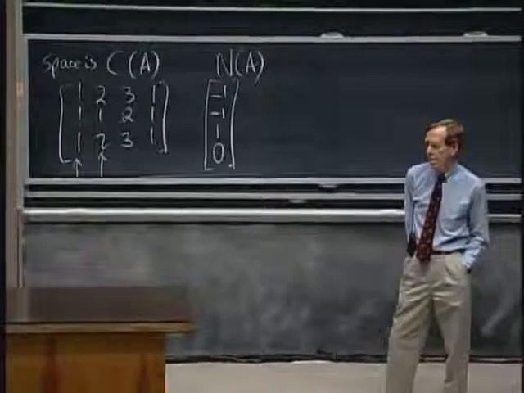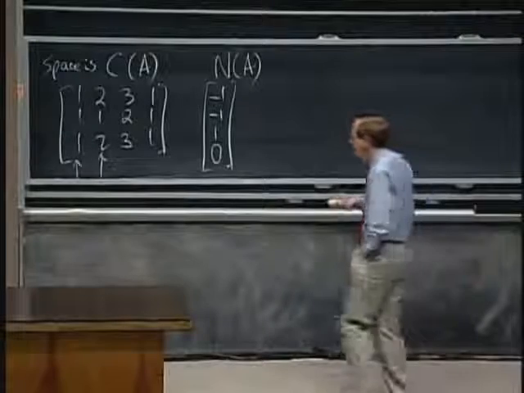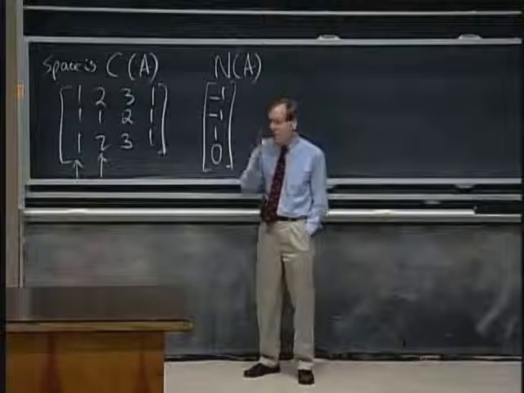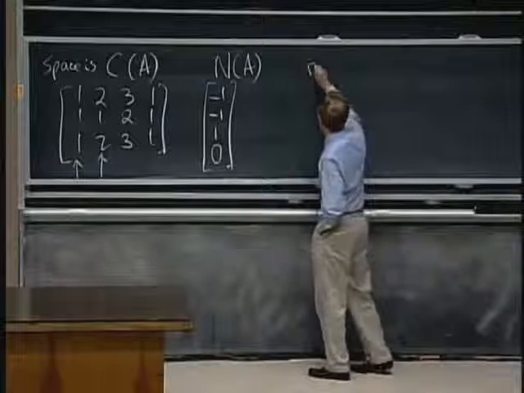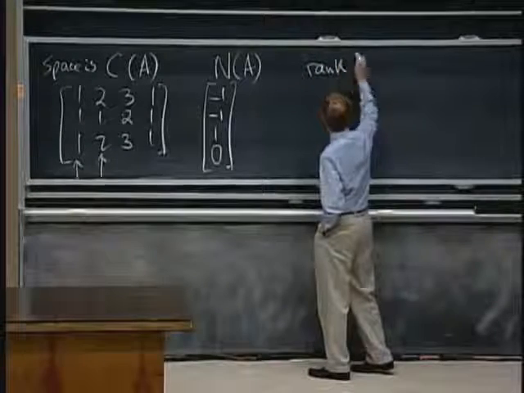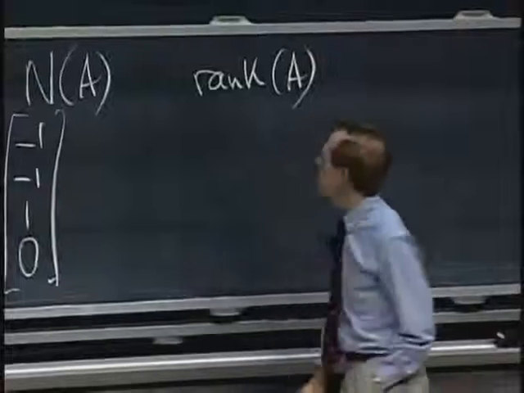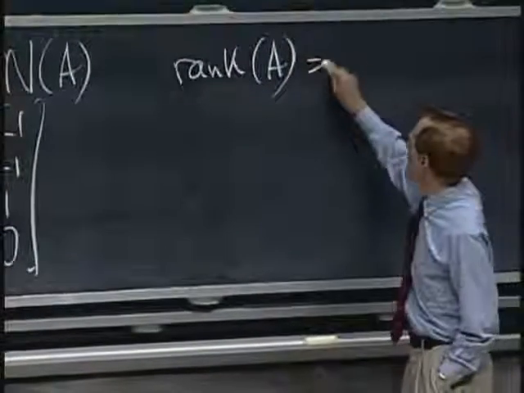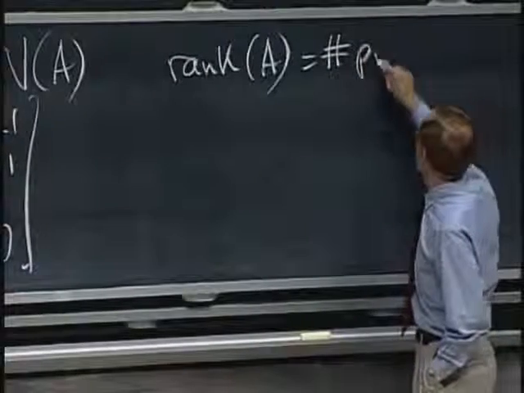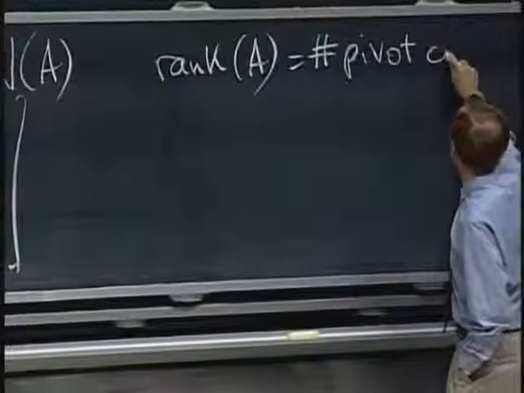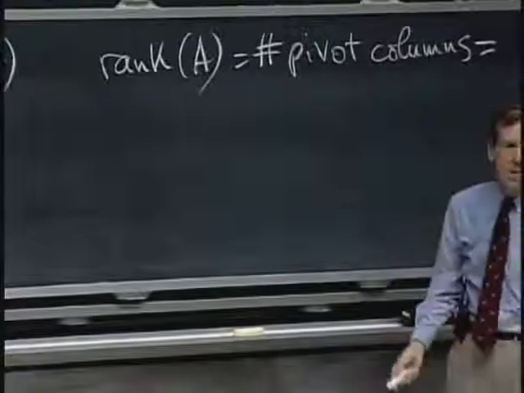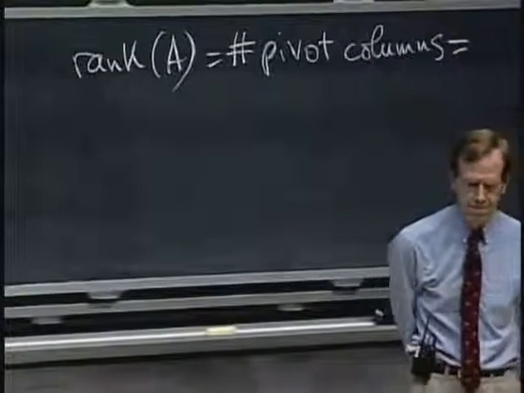2. And now that rank, we have another word. We have a great theorem here. The rank of A, that rank r, is the number of pivot columns, and it's also, so now please use my new word.